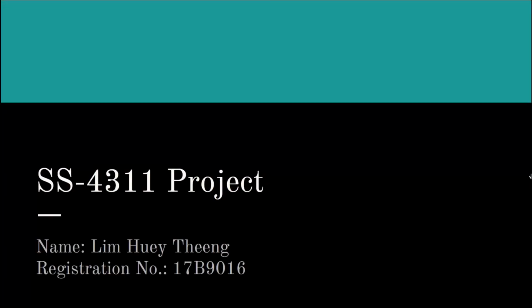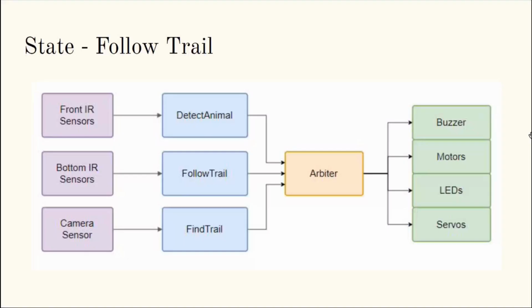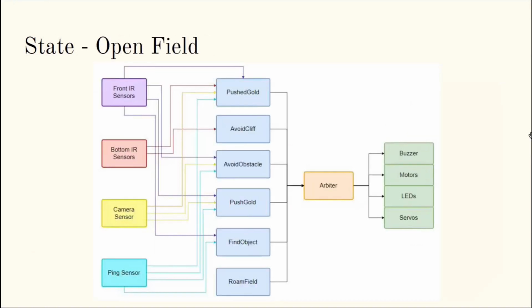Can see. Okay. So hello, my name is Hui Ting, and I'll be talking about my implementation of the robot programming project. So here I have two BBC diagrams. One is for following the trail, and another one is for the open field.